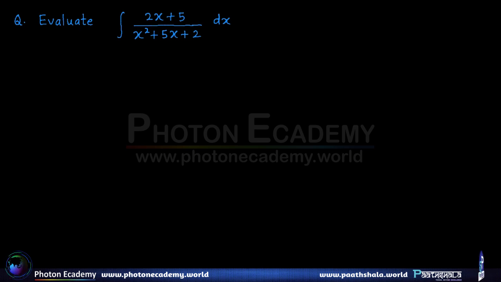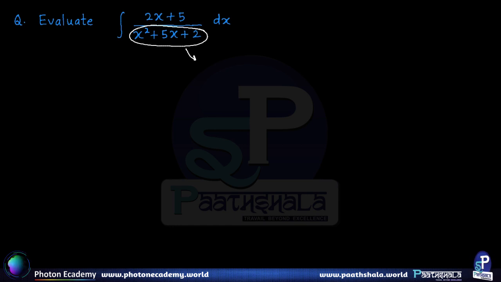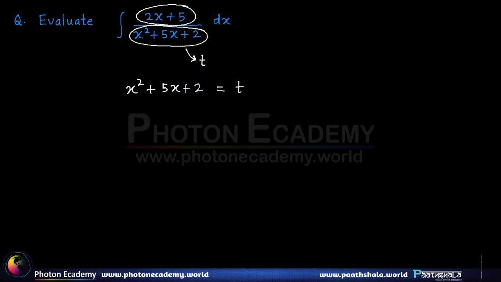It won't take long to realize that if we call this function as t, then we are clearly seeing that the derivative of this particular expression is nothing but 2x plus 5, isn't it? So if we call x square plus 5x plus 2 as t, then we know that 2x plus 5 dx is nothing but dt.